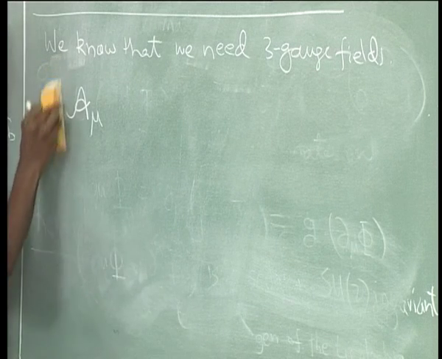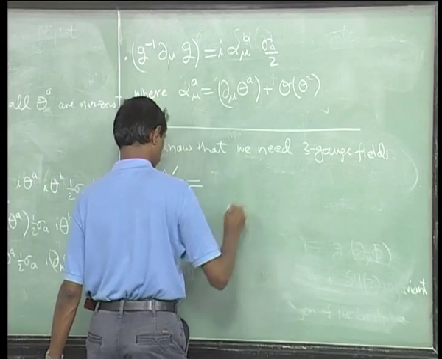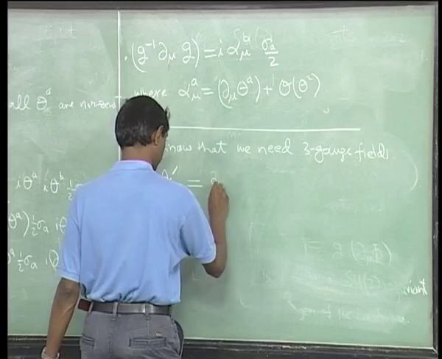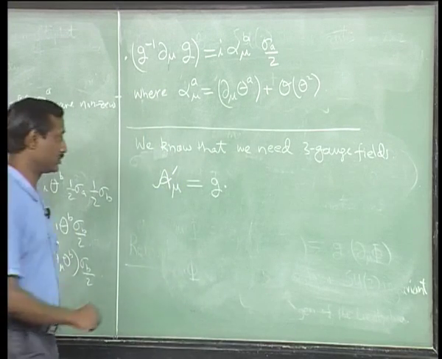delta A mu, rather no, let us write it this way, A mu prime is equal to, I will write something and then we will sort it out.